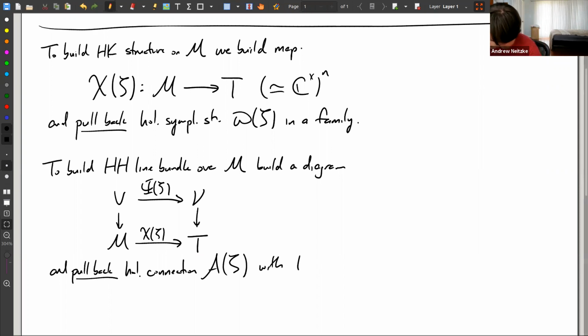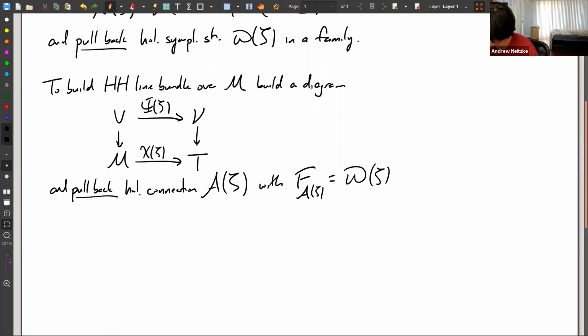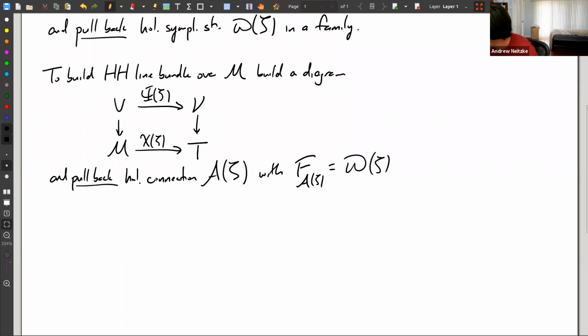So the curvature of this A will be, now, okay, now there's a little technical point. Saying that I can do this might raise some alarm bells, because it means that the curvature has to be integrally quantized. In order for the holomorphic symplectic form to be the curvature of some line bundle, it has to be integrally quantized.